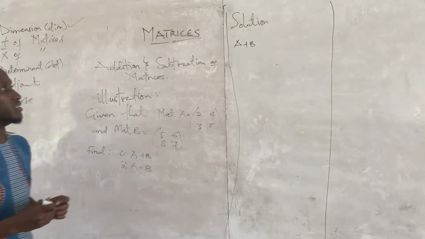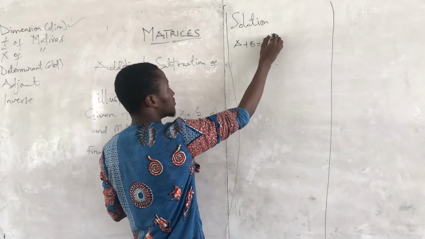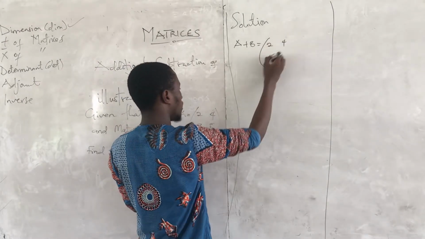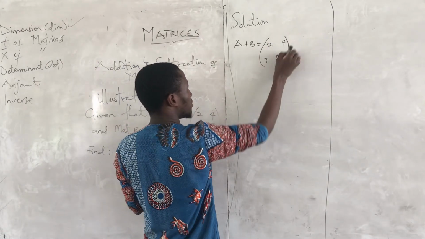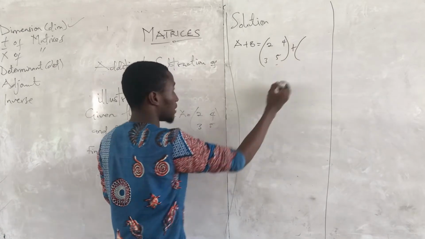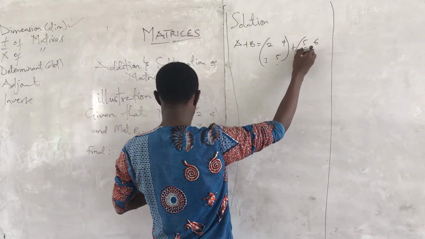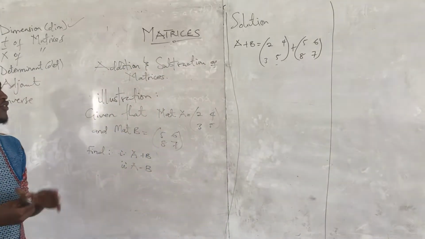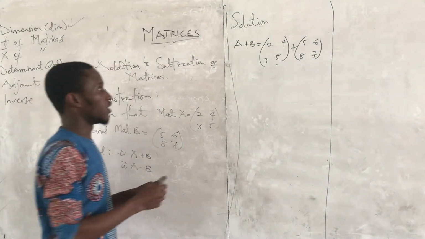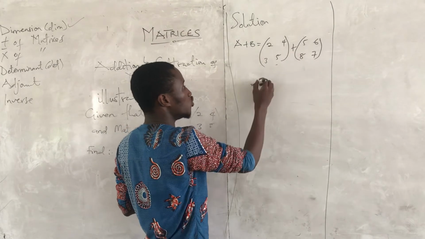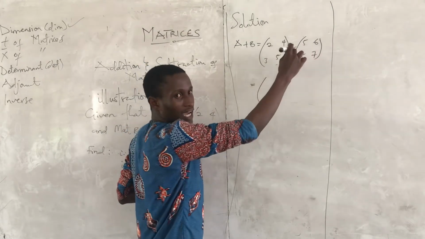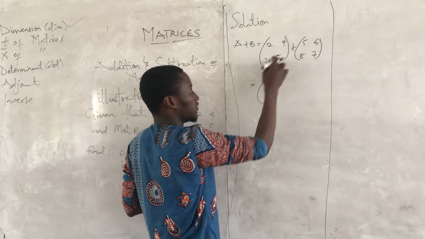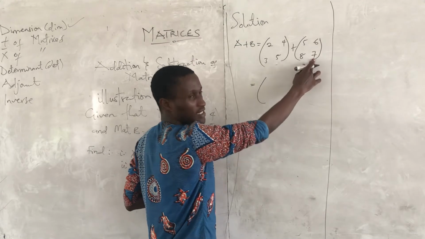So A plus B becomes 2, 4, 3, 5 plus 5, 6, 8, 7, and we are solving step by step. So we do entry by entry. The 2 will take the 5. The 4 will take the 6. The 3 will take the 8. The 5 will take the 7.